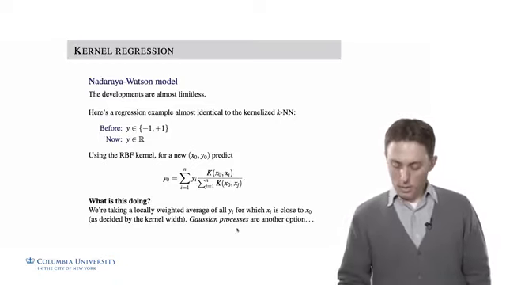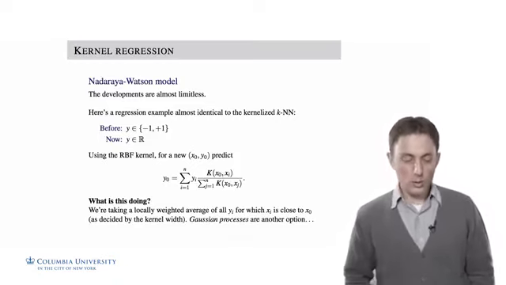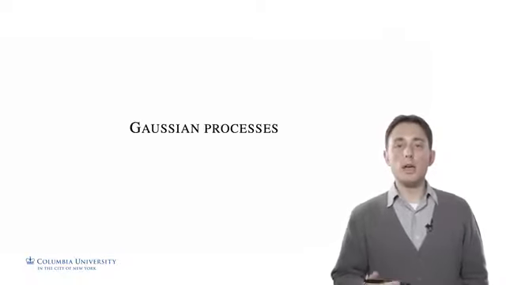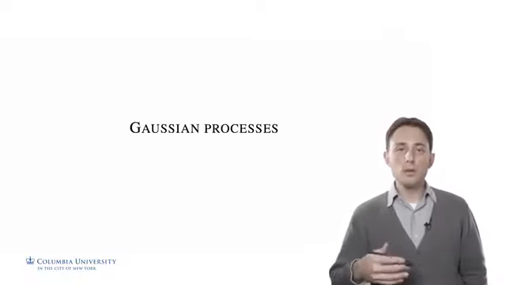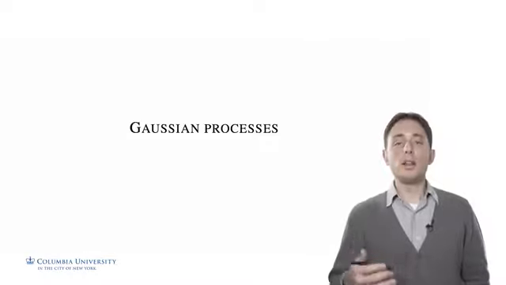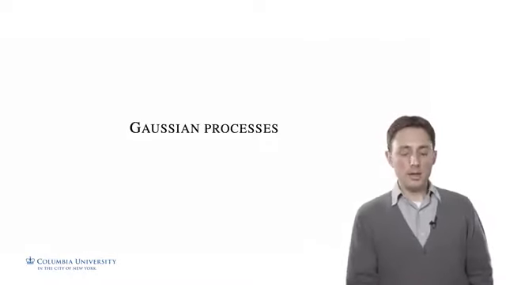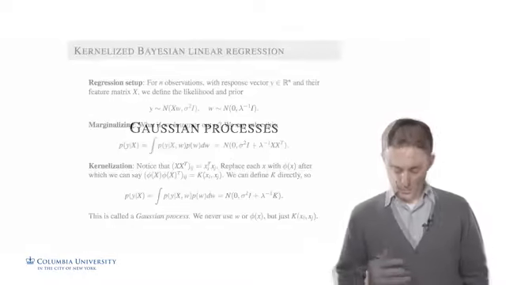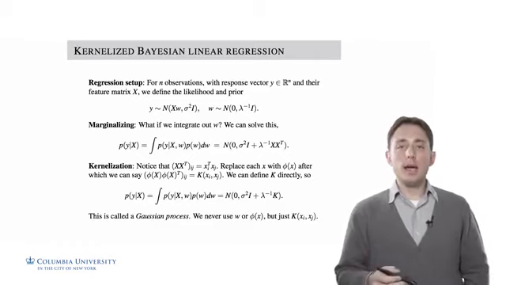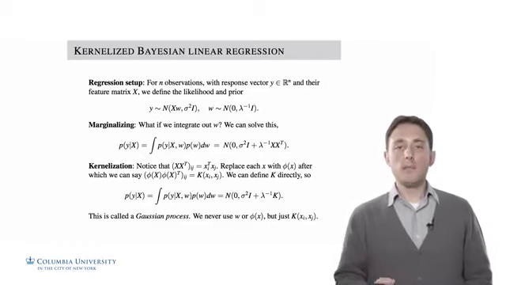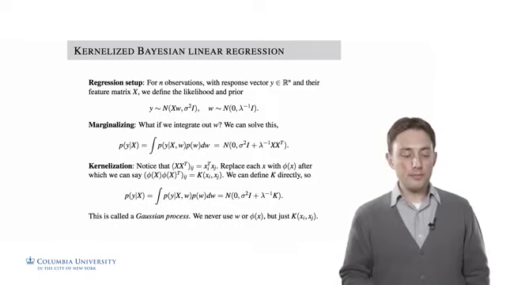So another example of this type of model, which will require some more discussion and has also been developed quite a bit, is called a Gaussian process. We can think of the Gaussian process as a kernelized Bayesian regression model.